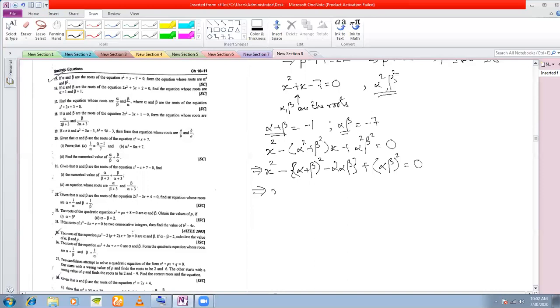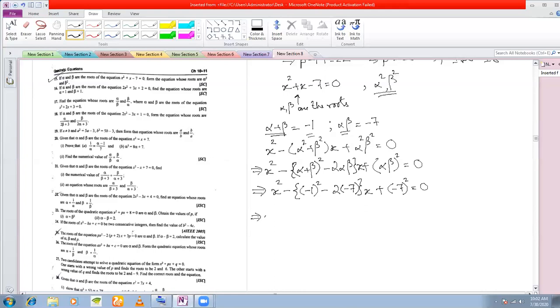Then x square minus, now we know alpha plus beta is minus 1, so I put minus 1 whole square, minus twice alpha beta, which is minus 7, times x, plus alpha beta, which is minus 7, whole square.